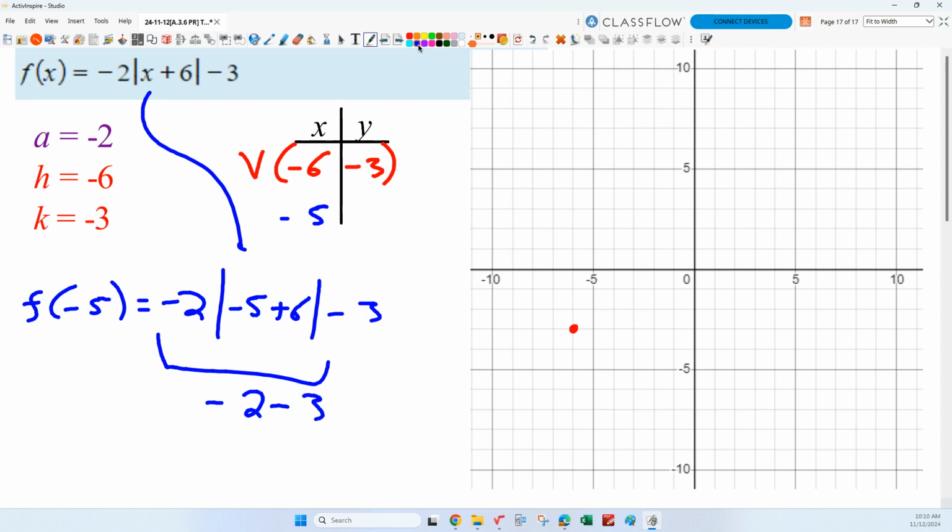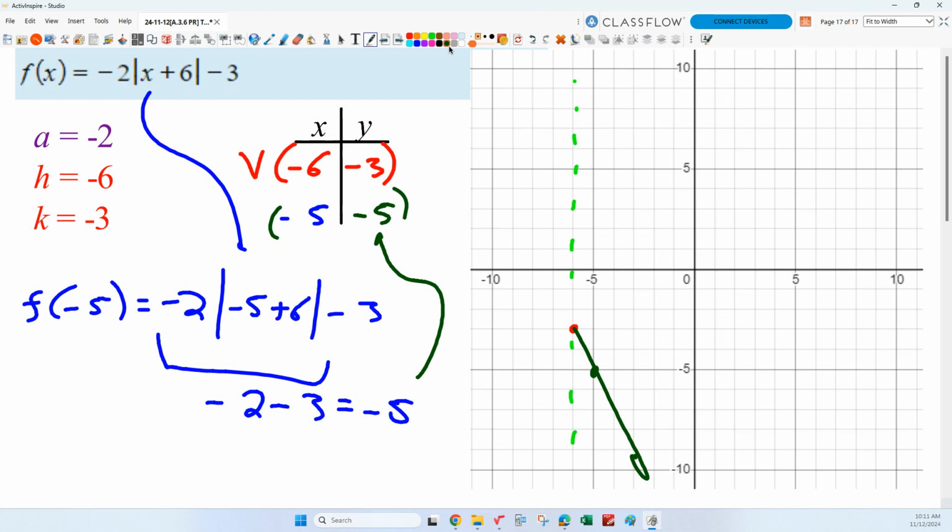What's -2 minus 3? -5. So then -5 is what goes there. Now I've got a point at -5, -5, and I've got it. Here's my axis of symmetry. There's the right leg, so that must be the left leg. Okay, give me thumbs. Does that all make sense?